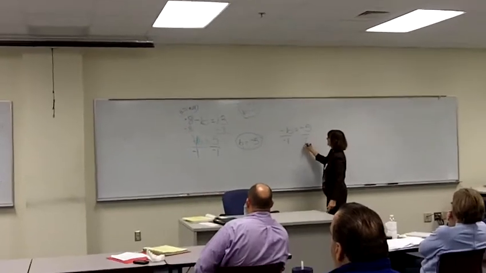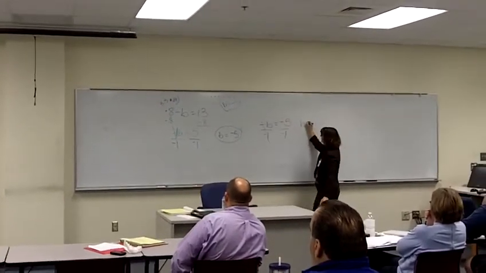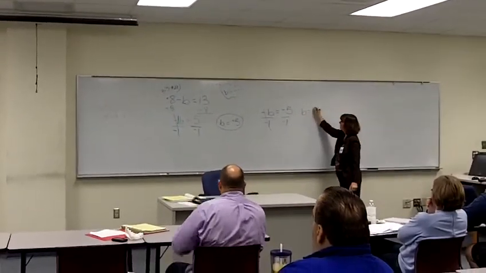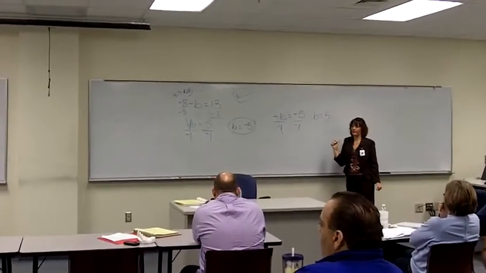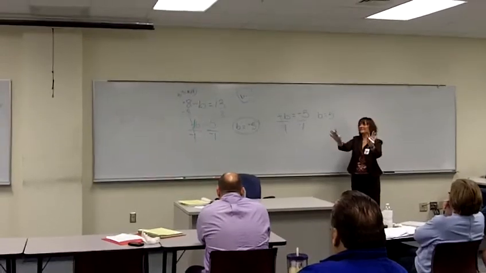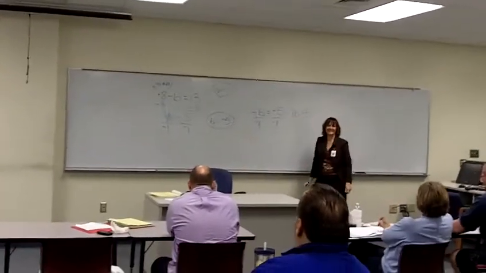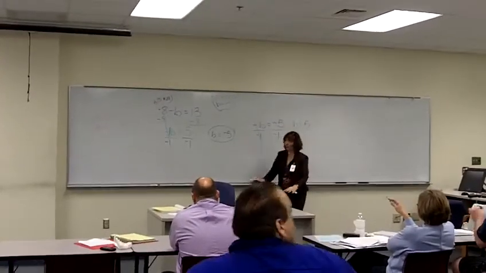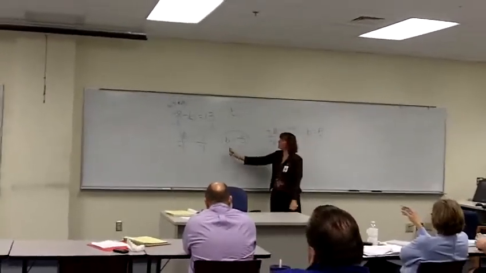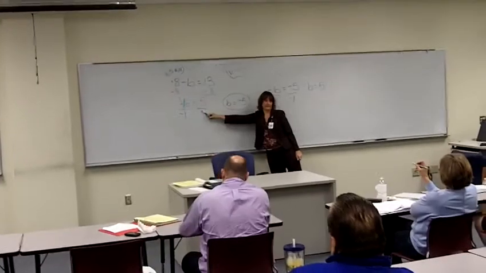So essentially, all we did was switch the signs, right? Well, negative made it positive. But I don't want to say you're just switching the signs. We have to say, I divide by the coefficient, whatever that happens to be. Yes?